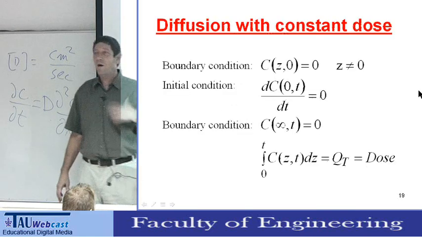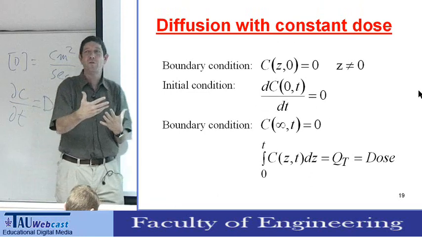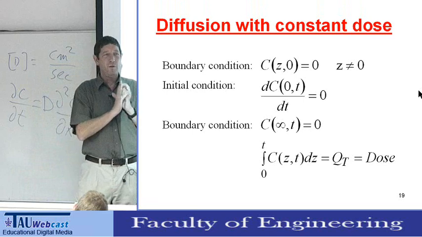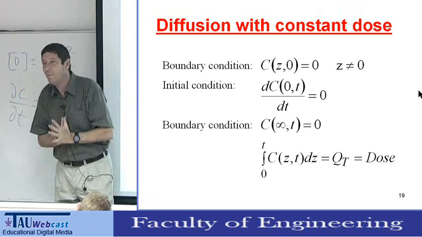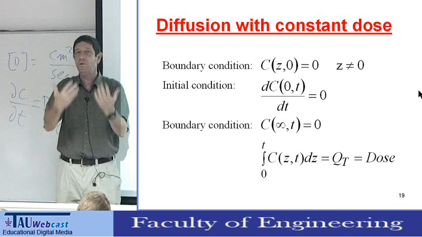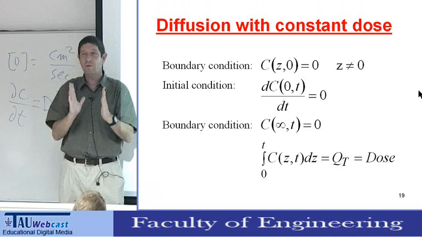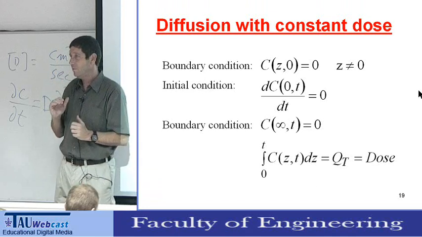Now, this is one possible diffusion, that you diffuse from a constant surface concentration. However, if you remember, when we do ion implantation, first we introduce a dose into the silicon, and then we diffuse, but we diffuse from a constant dose. So the number of atoms is constant, not the concentration.